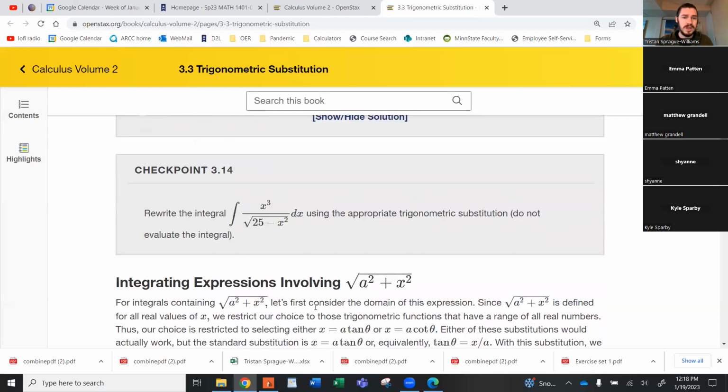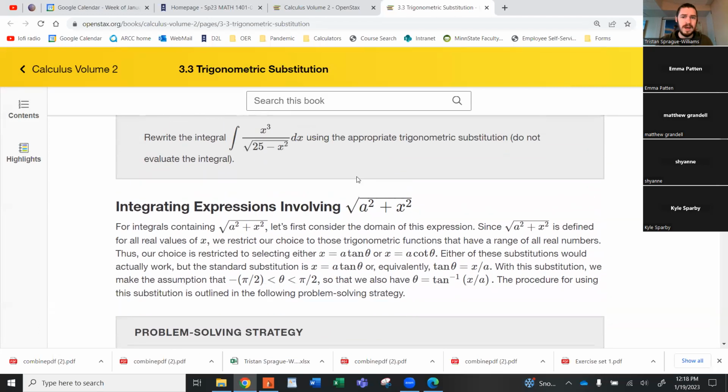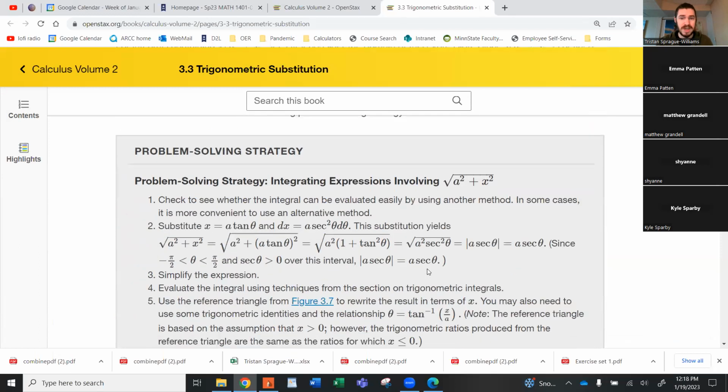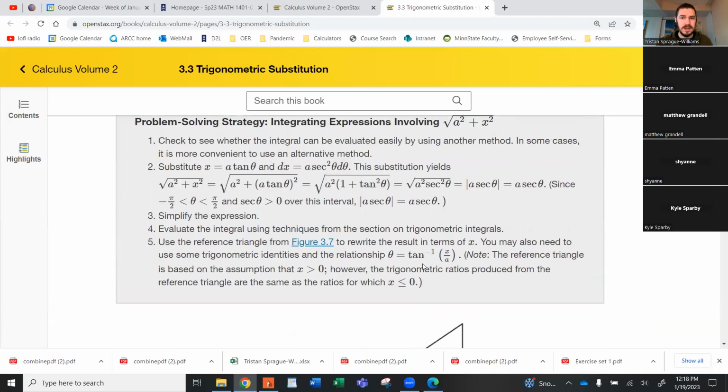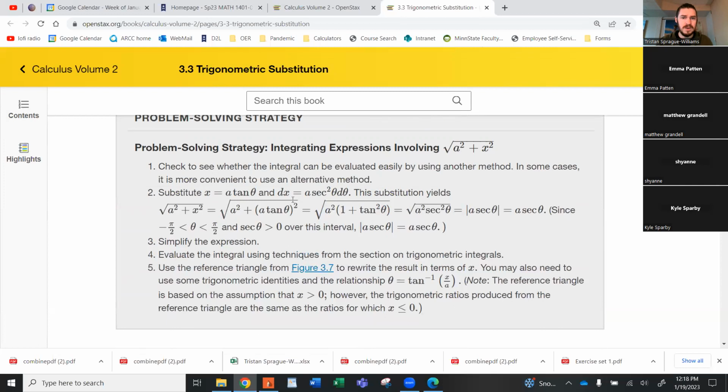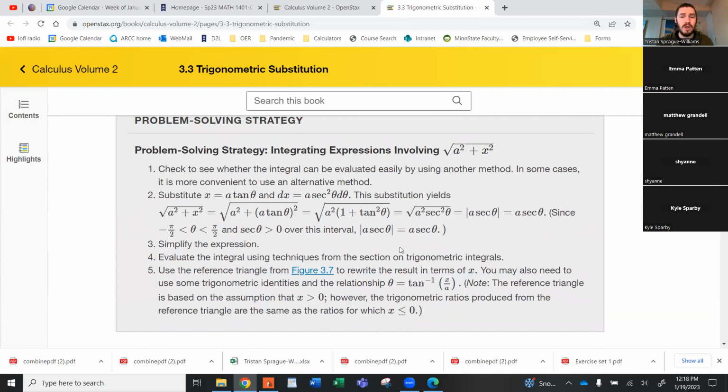If you are doing the x equals tangent theta substitution, and you make the 1 plus tangent squared into secant squared, now your absolute value of secant theta is also still equal to secant theta. Secant theta is just the reciprocal of cosine.